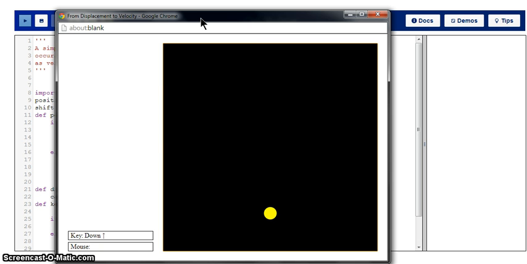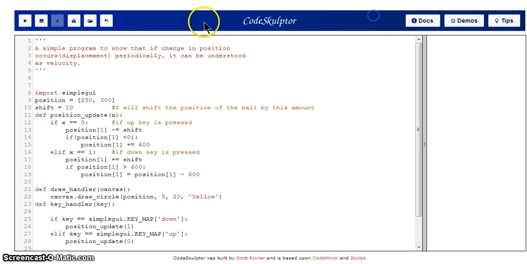If I press the down arrow key, the ball moves downwards. Good enough, it has a velocity, although we see the time lag between two presses. Had the computer done this work, it would have been much faster. So we would have been able to look upon it as velocity.